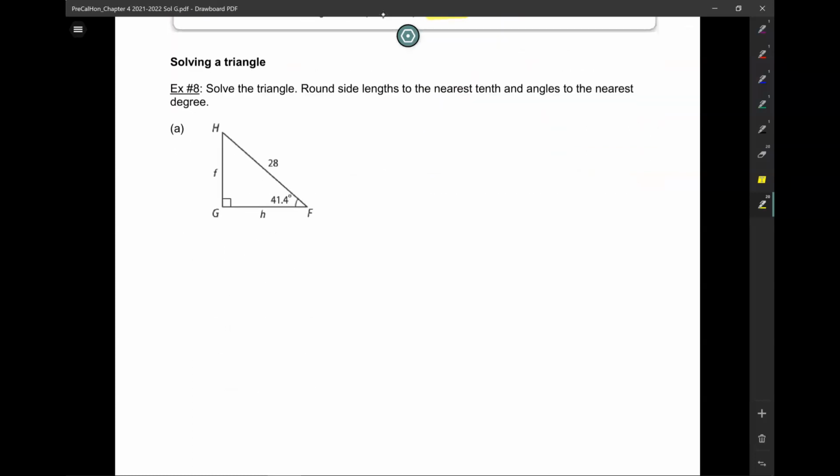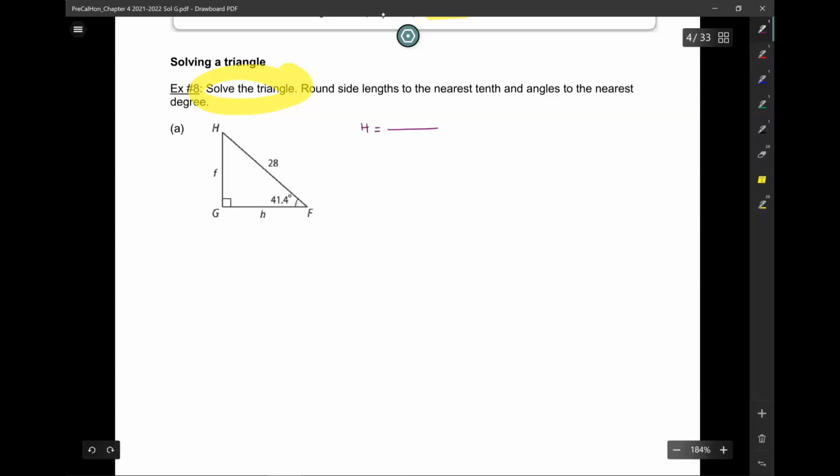Take a look at this problem. It says to solve a triangle. Solve a triangle means find everything that's missing. At the end of the day, you have to have all three sides and all three angles. To start, you have to be given 3 pieces of information, and then you have to find the missing 3. So here, what is it that we have missing?